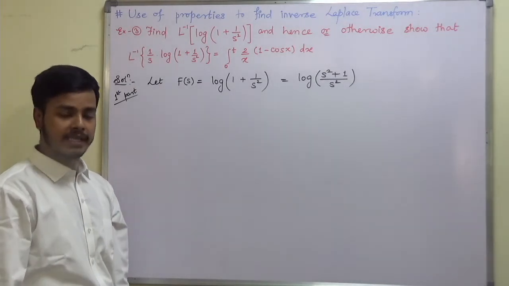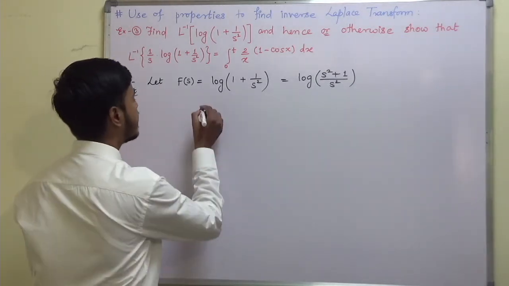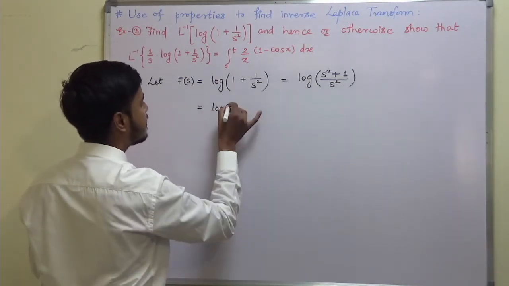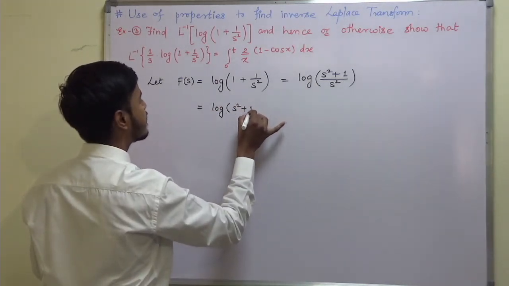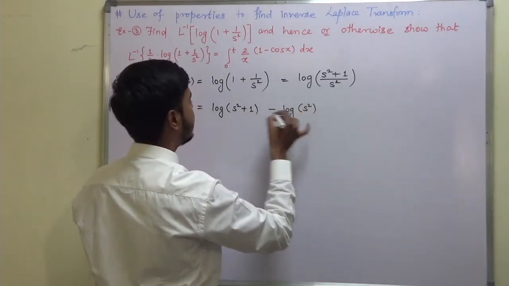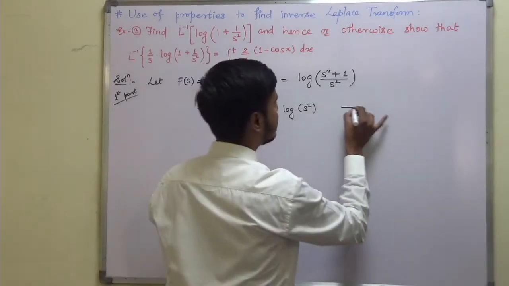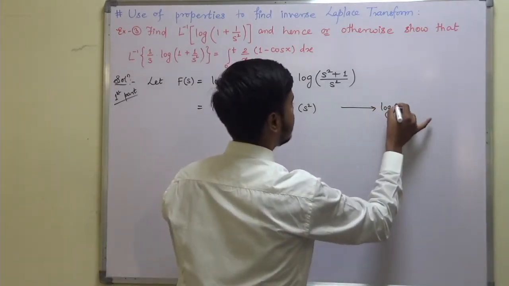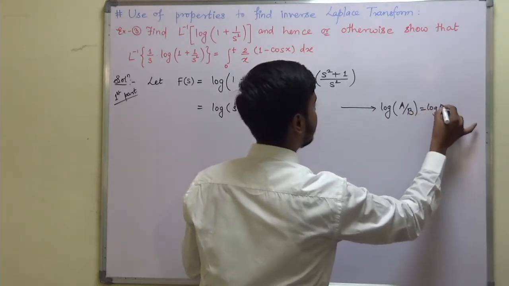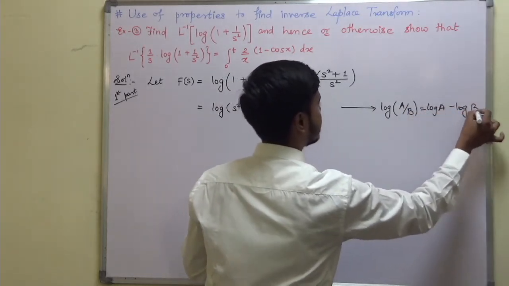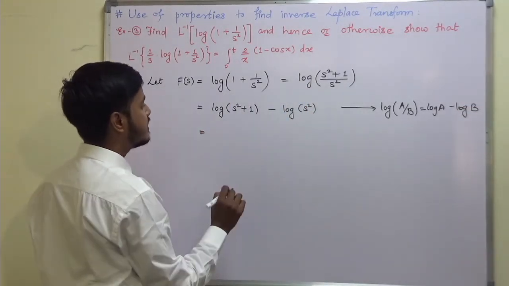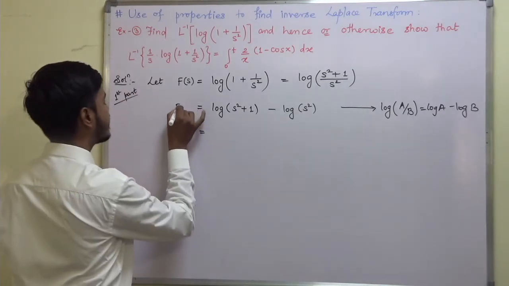Now applying the property of logarithm, log of a by b can be written as log a minus log b. Here you can give the reason: log of a by b is log a minus log b. So this is log of (s square plus 1) minus log of s square. This is F of s.